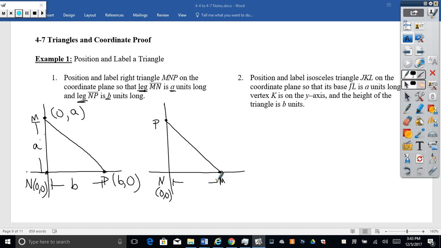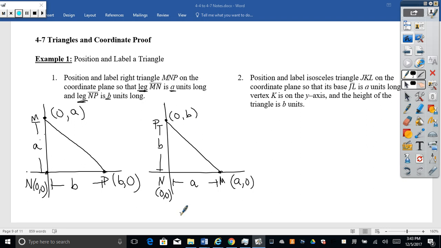This is a length of a, so this is going to change. Instead of being (0, a) like it is up here, it'll be (a, 0). And then this length here will be a length of b, so instead of having (b, 0) here, it's going to be (0, b), okay? So I wouldn't be able to fault you if you did that.